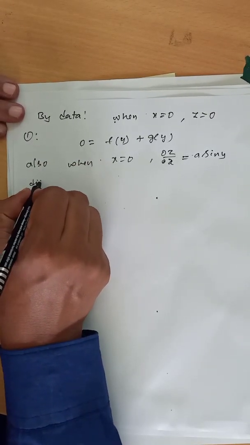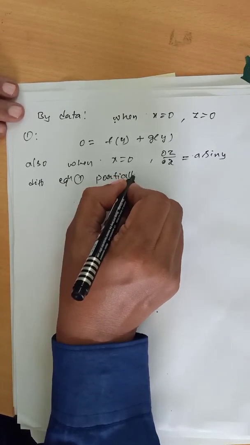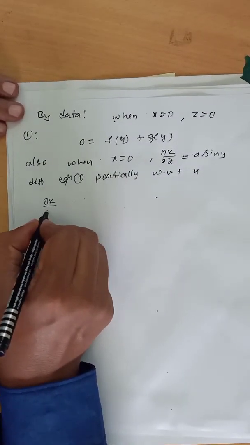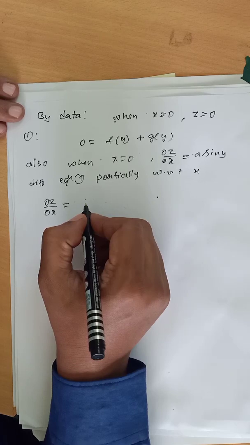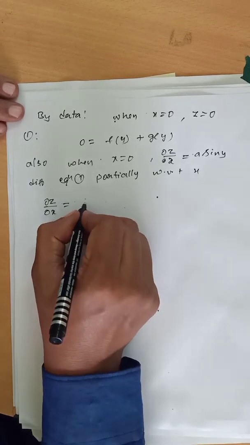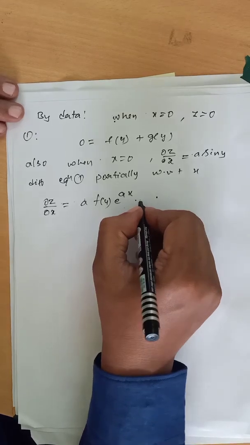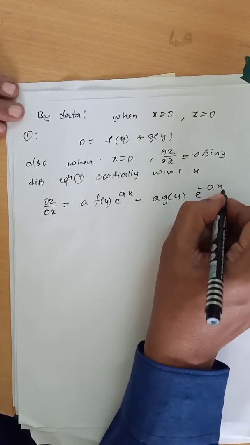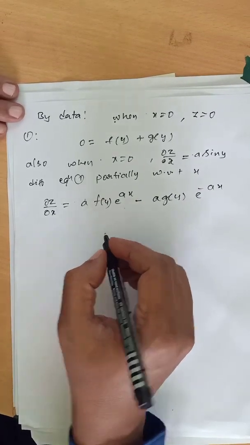So differentiate equation 1 partially with respect to x, and you will get ∂z/∂x = a e^(ax) f(y) + (−a) g(y) e^(−ax), because the derivative of e^(−ax) is −a e^(−ax).